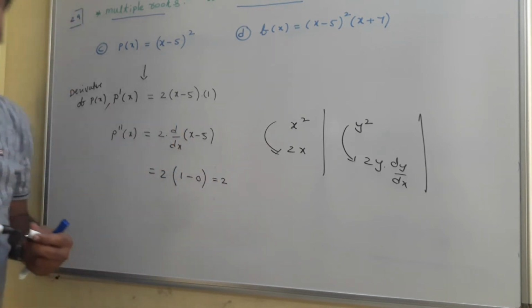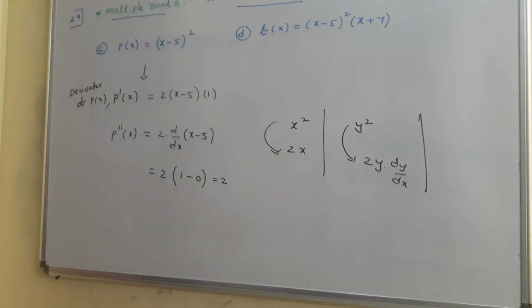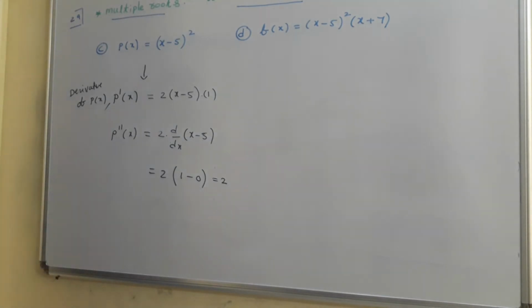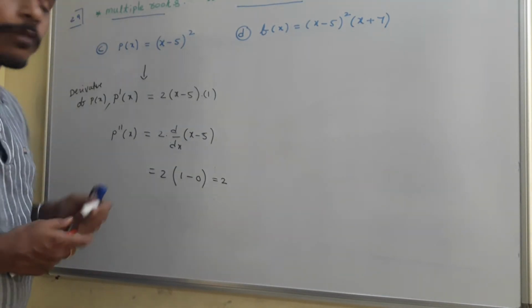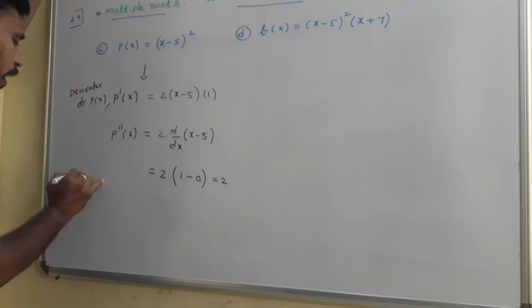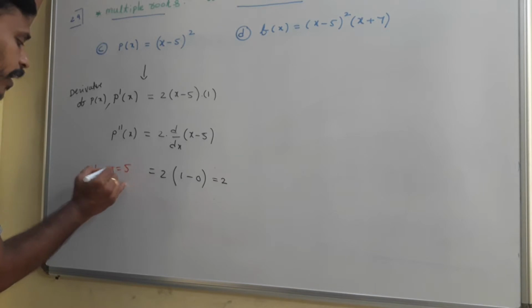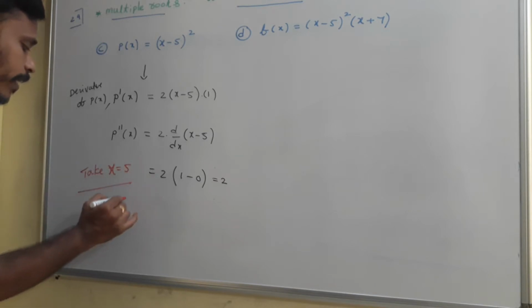Now observe the derivatives at 5. As we know, for this polynomial, 5 is a multiple root of multiplicity 2. Now in this situation, I am going to observe the derivatives of that polynomial. If you take x equals 5, what will happen?